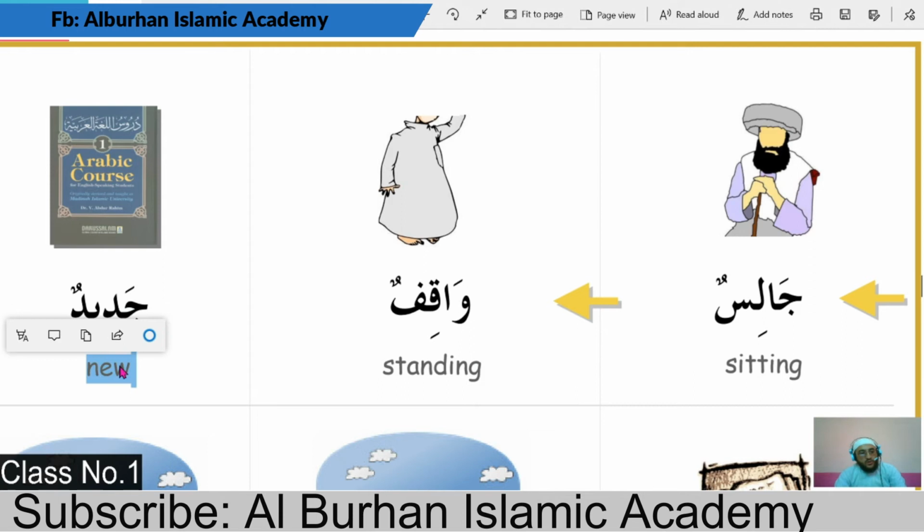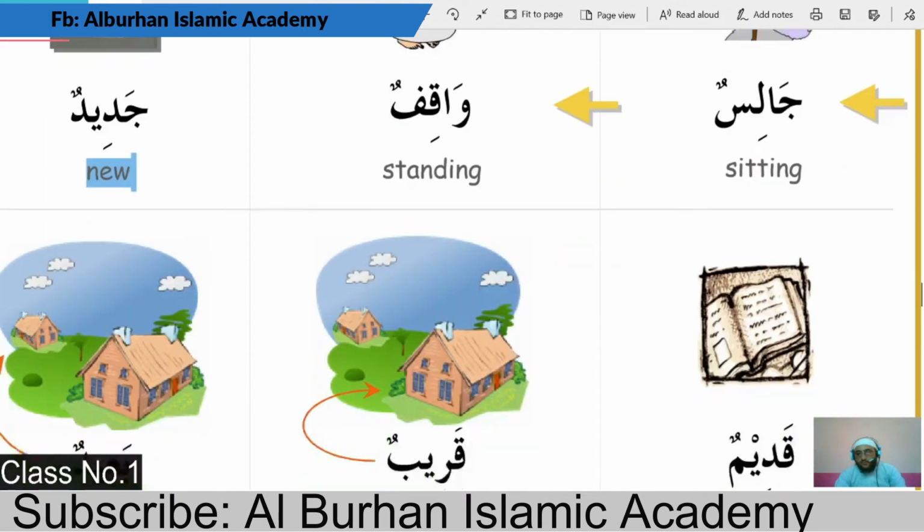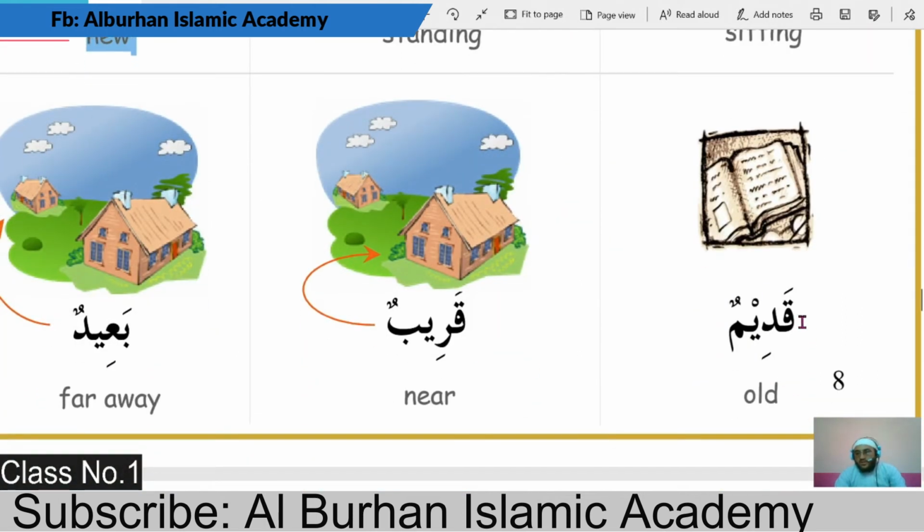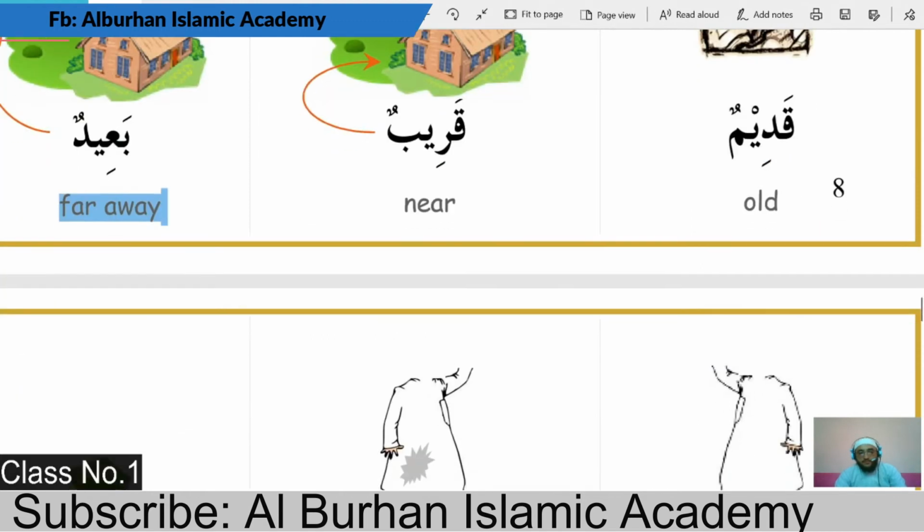Jadid used for new. Qadimun. Qadim used for old. Qaribun. Qarib used for near. Ba'idun. Ba'id used for far away.